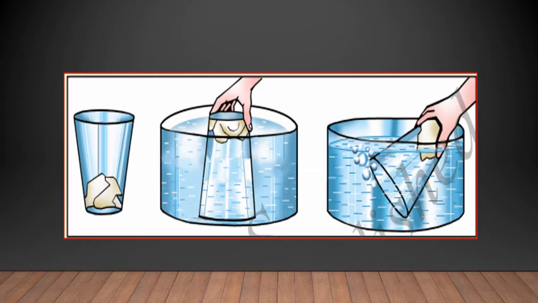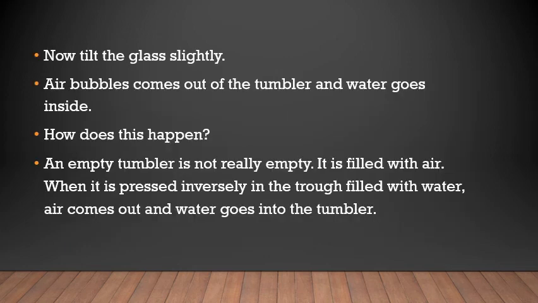What did you understand by the activity? We understood that the glass tumbler had air present in it, and that air was not allowing the paper to get wet in the second image. When you slightly tilted the tumbler, the air escaped from the water.